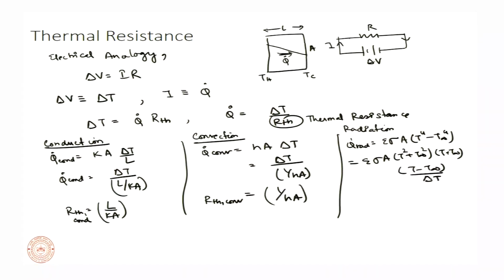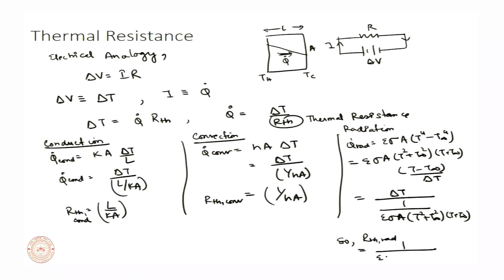This is our delta T, which is equal to delta T over 1 by epsilon sigma A (T square plus T infinity square)(T plus T infinity). So R thermal due to radiation is equal to 1 over epsilon sigma A (T square plus T infinity square)(T plus T infinity).